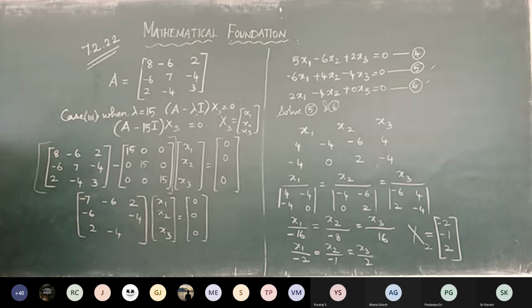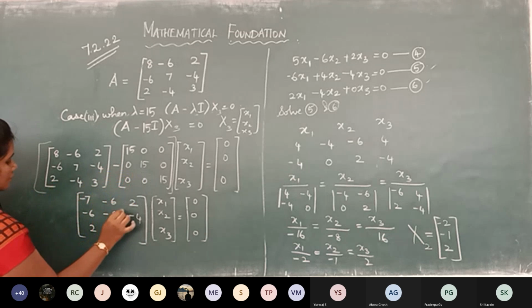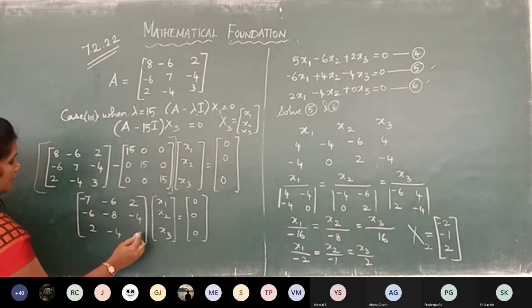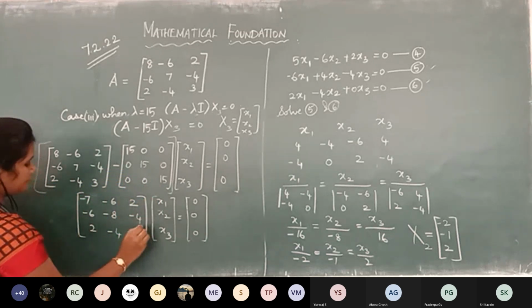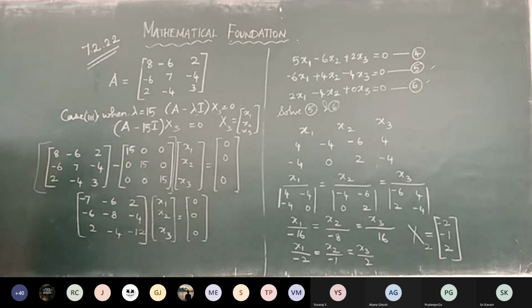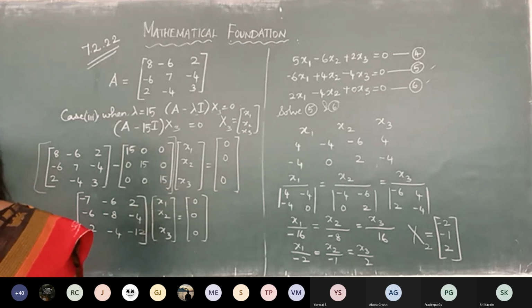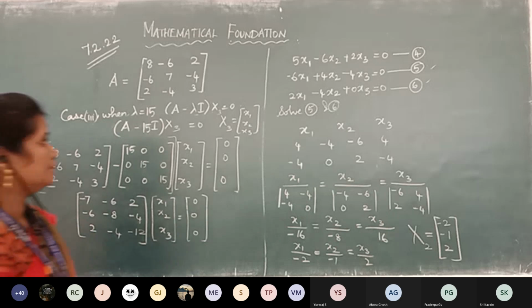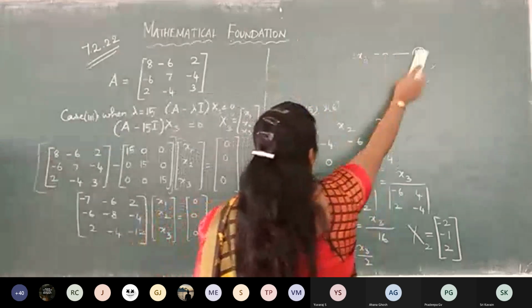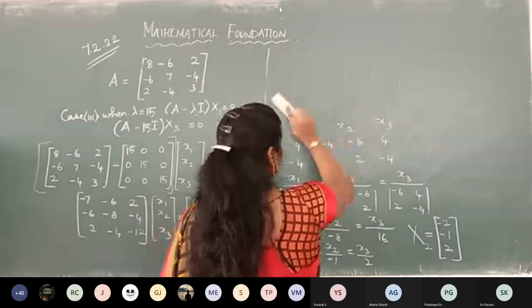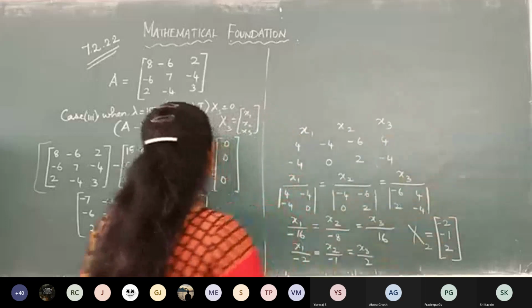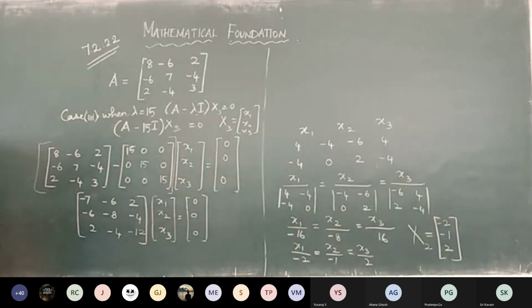You have to find out 8 minus 15, 7 minus 15, minus 8, 3 minus 15. When lambda is equal to 15, write the equation and then solve it.